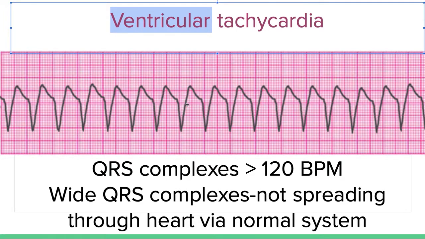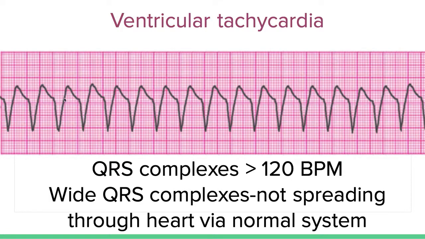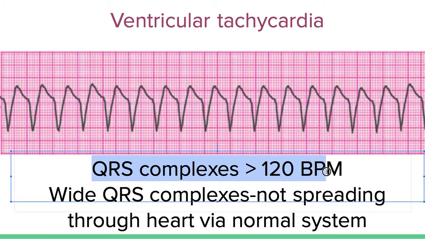And what you notice is that this looks very different than our normal ECG. It's really hard to find a P wave. These huge QRS complexes look really weird, and they're occurring very frequently. So one defining feature of ventricular tachycardia is that you see these QRS complexes at a very high rate. These are happening very frequently.